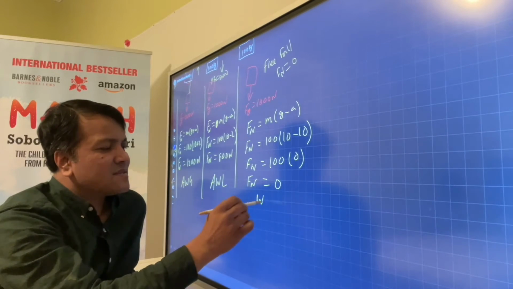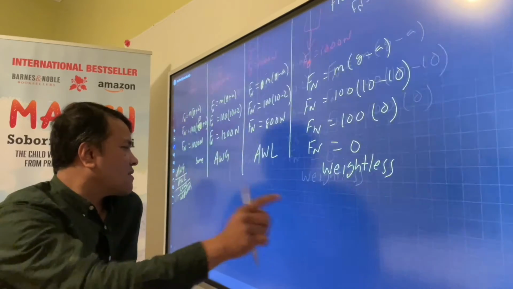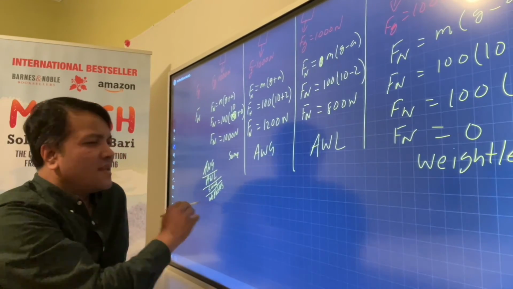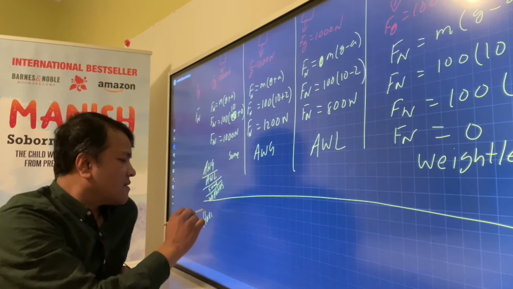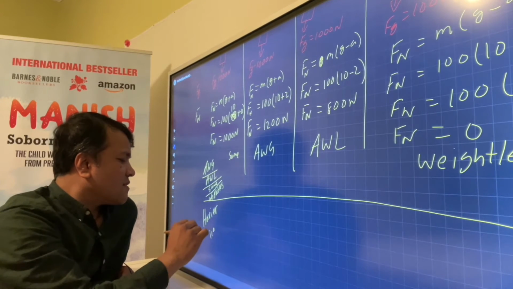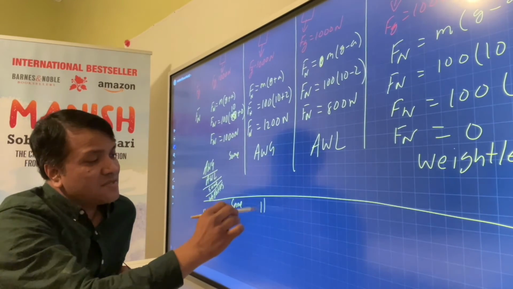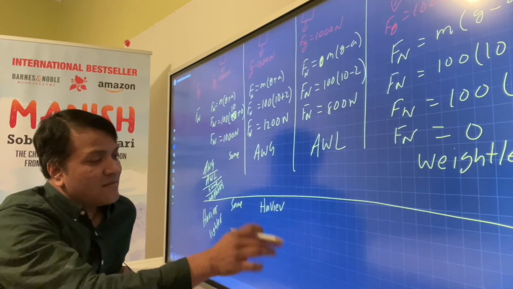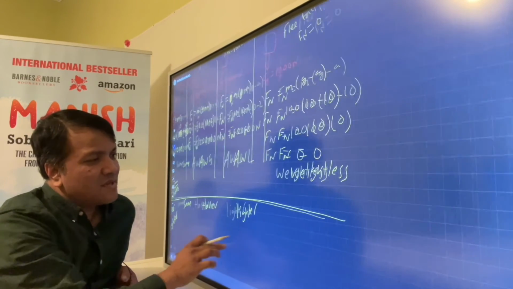This one is weightless. Finally, heavier or lighter? This one is same. This one is heavier. This one is lighter. And this one is weightless.